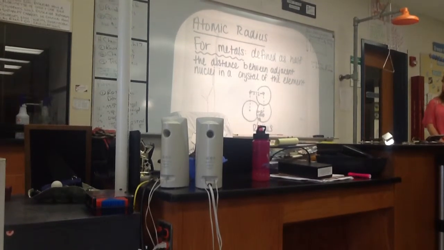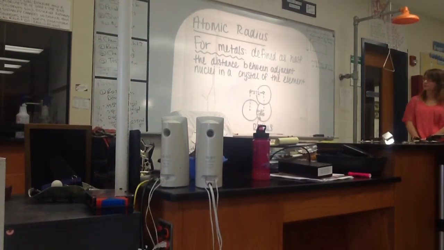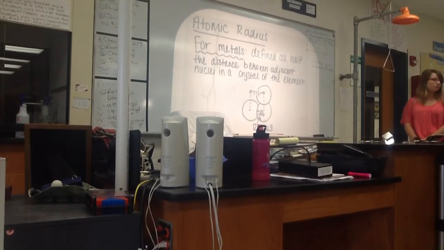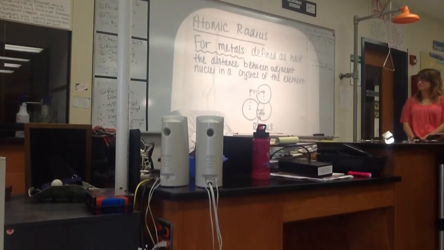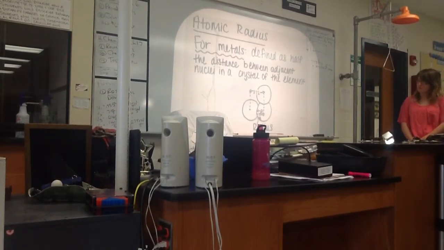We have atomic radius, and for metals, the atomic radius is defined as half the distance between the adjacent nuclei in the crystal of the element, and it's shown right there. That's the radius.